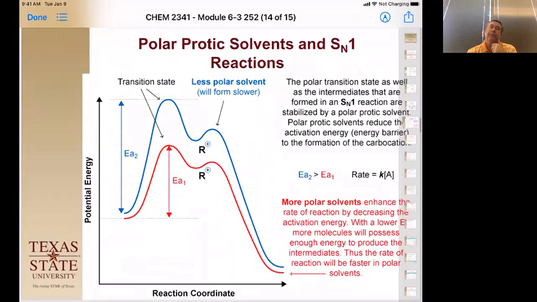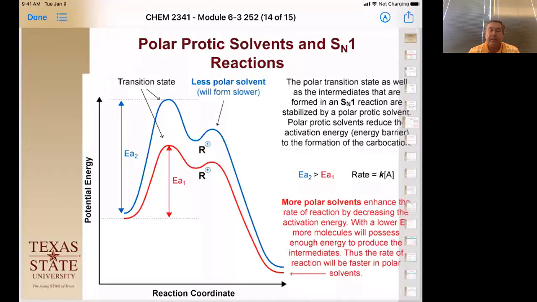Okay, so why does that happen? Well, the fact that you're partially hydrogen bonding to your leaving group before it even leaves lowers the activation energy. Therefore, it makes it easier to go.